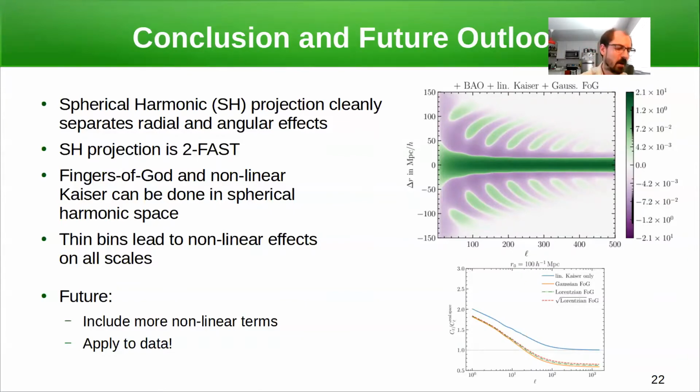We understand how a phenomenological fingers of God effect and how the Kaiser effect enters the spherical harmonic tomography. And we do need to be aware that if the bins are very small, then nonlinear effects can bleed onto all the scales. And so that's something to keep in mind when applying this kind of method.